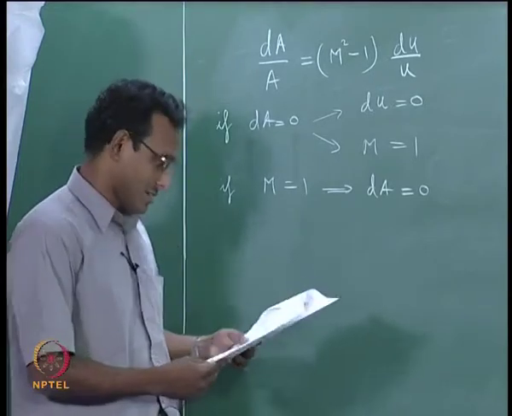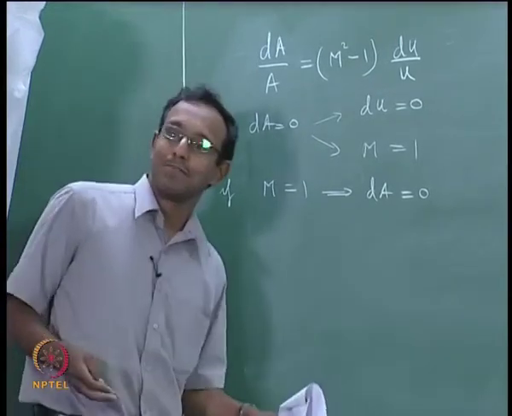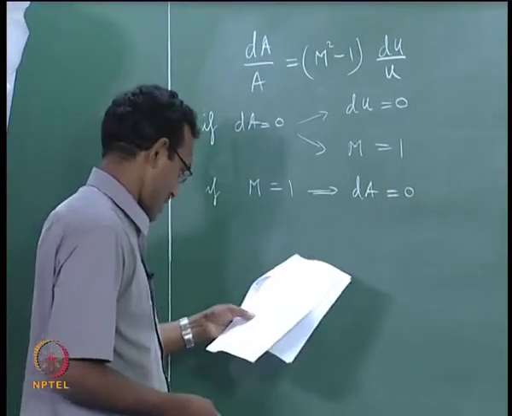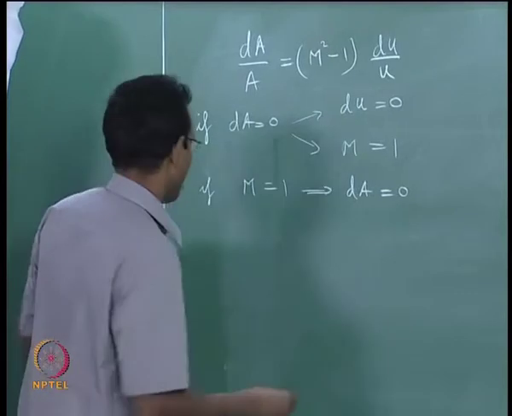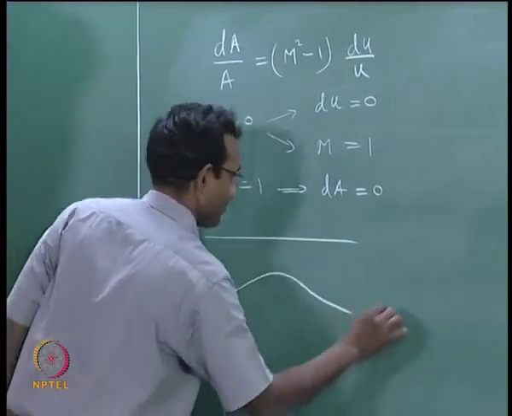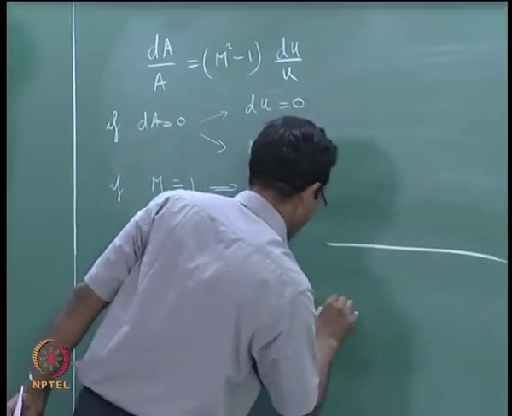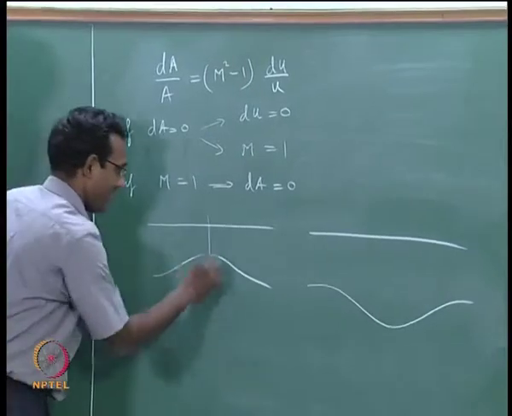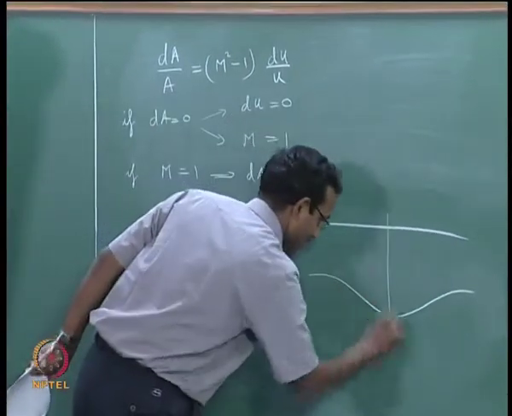Okay. I can give you a crazy example for it. I liked the example from one of the books, so I can use that in here. If I pick an example like this, and another case where it is this, I am going to have dA is 0 at these two places.